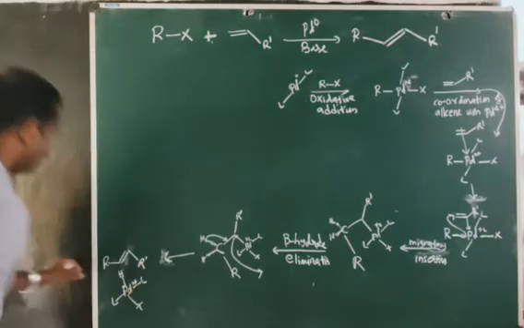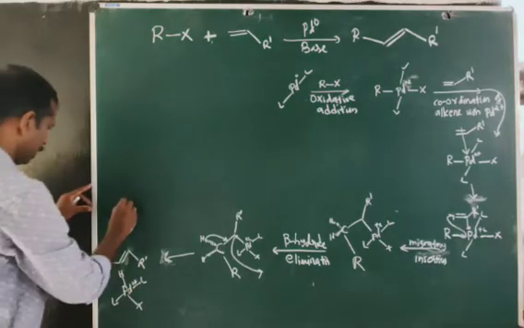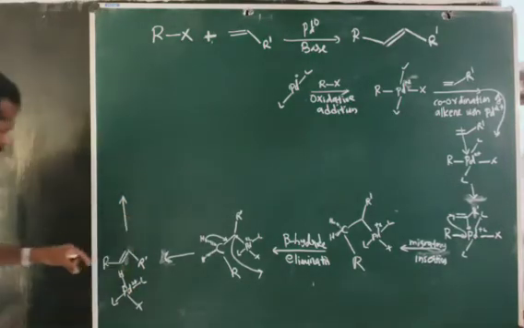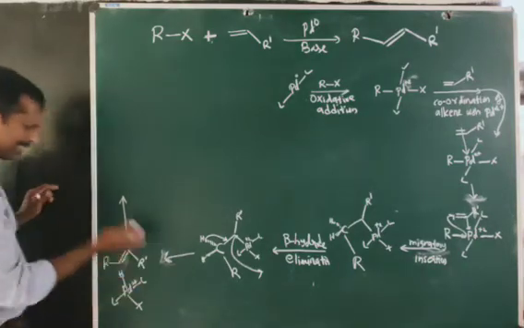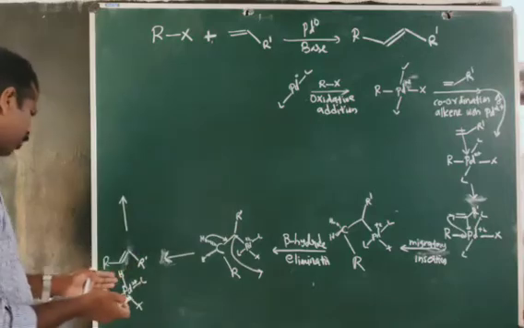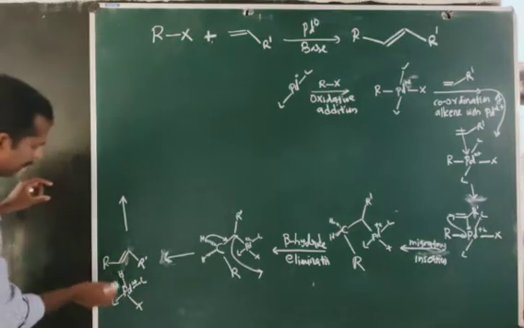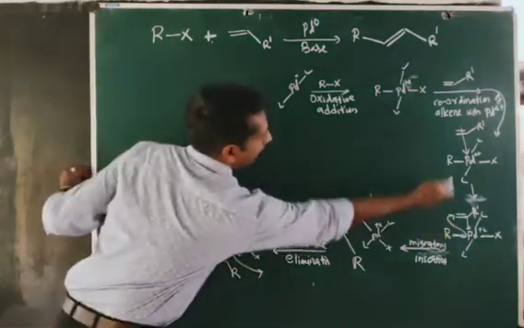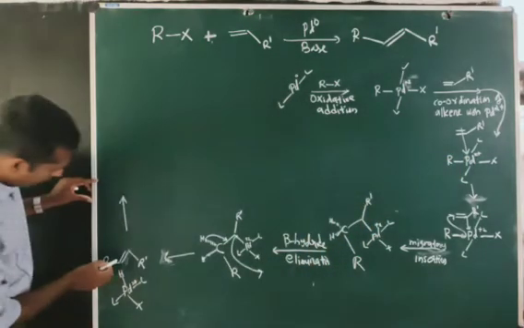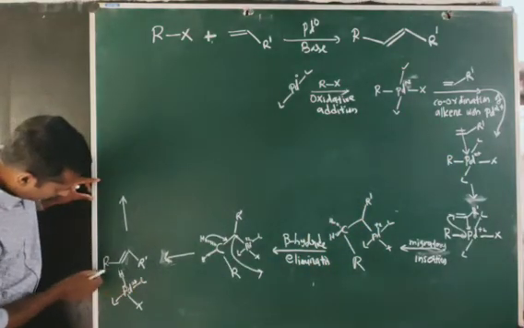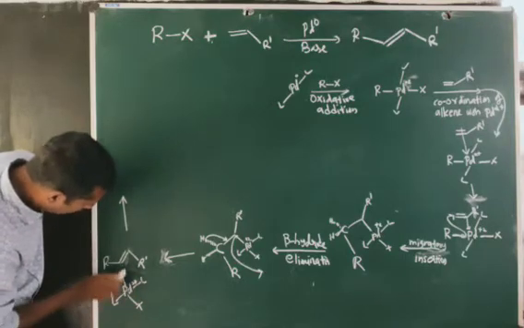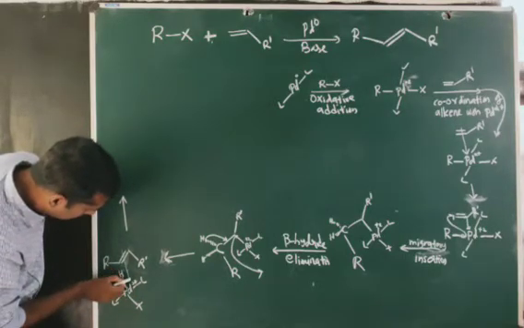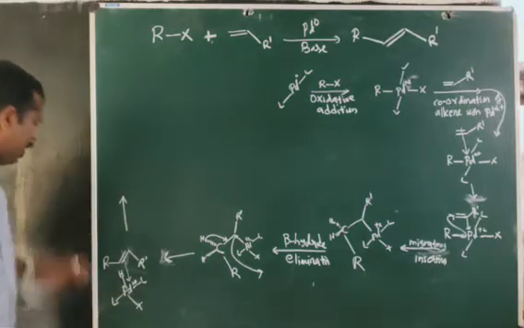This you will get, and you can see that after the formation, next, this is not important. There is a coordination between the alkene and Pd2+. Here you can see that there is a coordination between this newly formed substituted alkene and Pd2+.